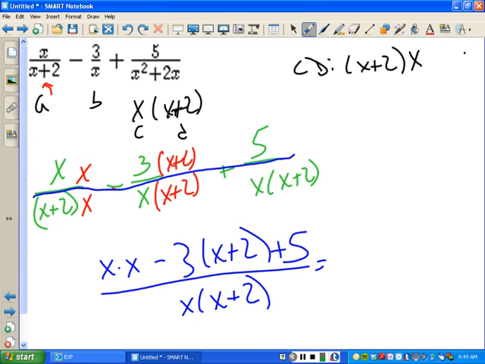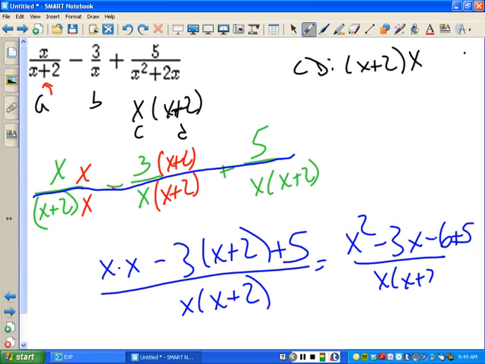This is going to be x squared minus 3x minus 6 plus 5 over x plus 2. Notice it's minus 3x minus 6. Does everybody see that?